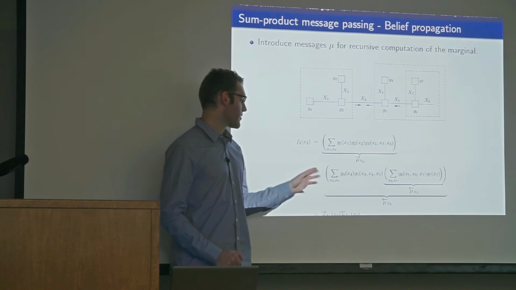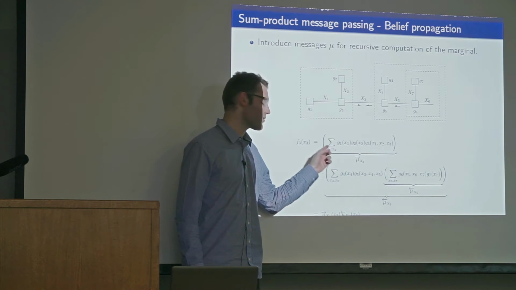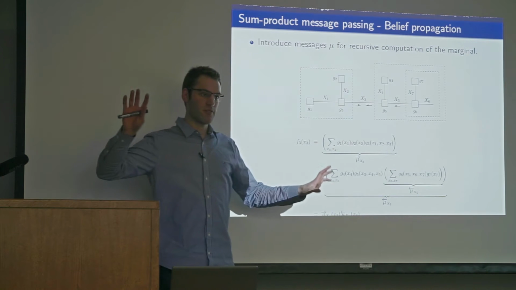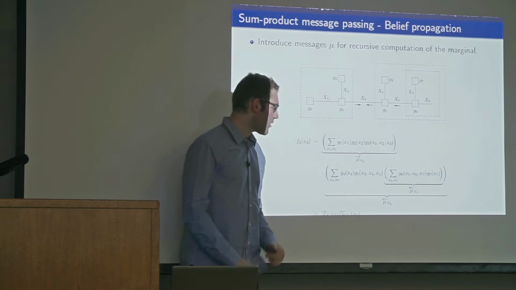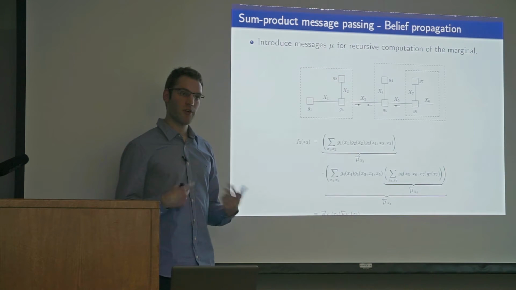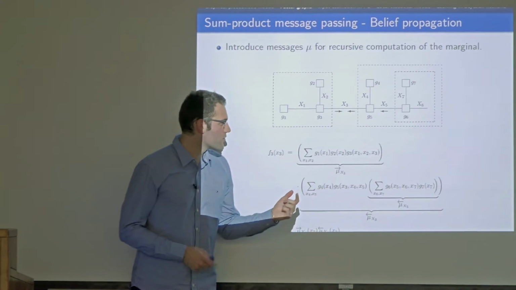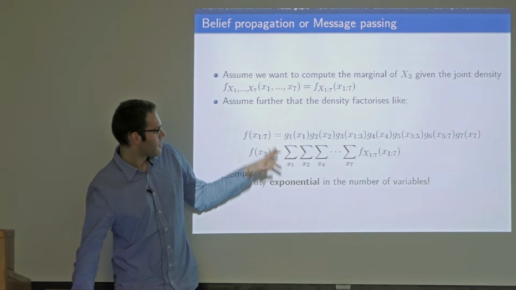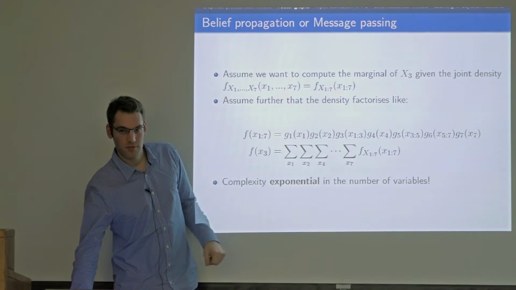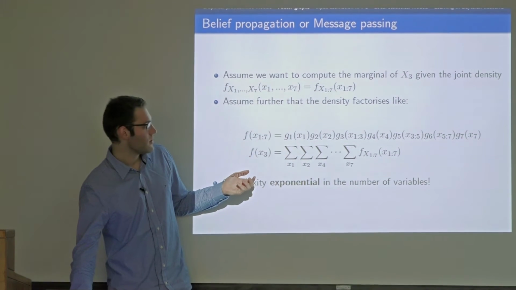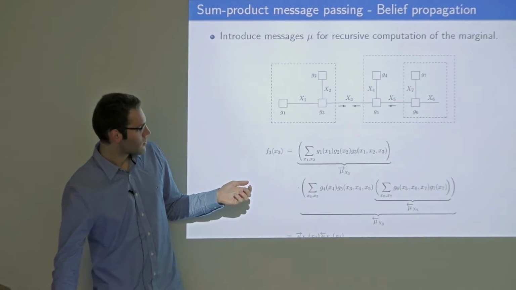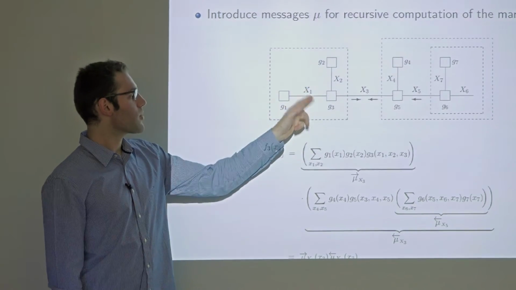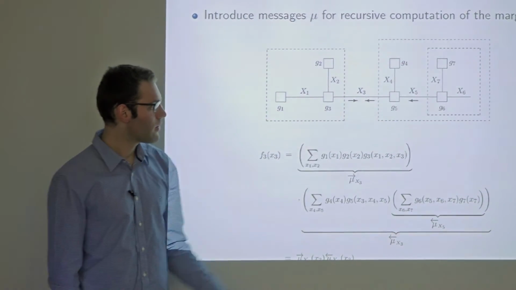But since, for instance, g4 does not depend on x1 and x2, we can take out the factor and distribute it. Now we see the nature of this recursive computation. For this factorization of the joint density I wrote before, we can draw the following factor graph. It's this one. We have x1 on this edge and so forth.